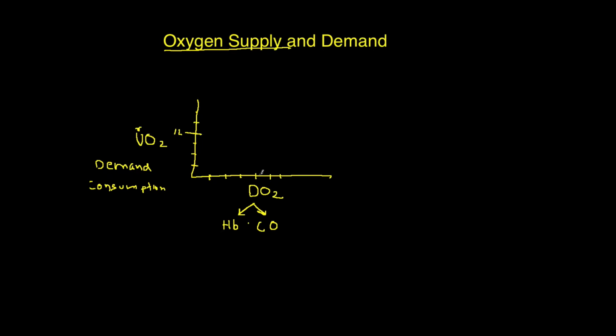And so 1 liter, 1, 2, 3, 4 is out here. But for some reason, maybe because your hemoglobin content is limited or your cardiac output is limited, your body is only providing 250 mils of oxygen per minute. Well, despite the fact that this is what your body is demanding, this is what it's getting, and that's what it's consuming.